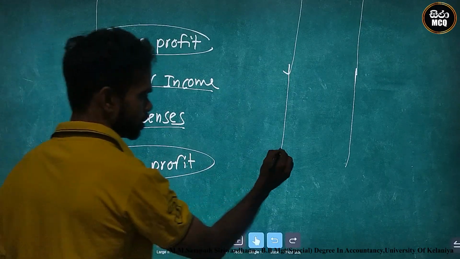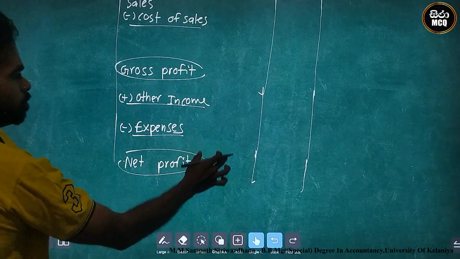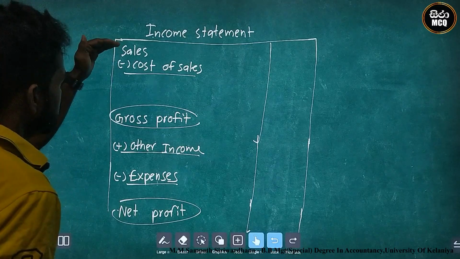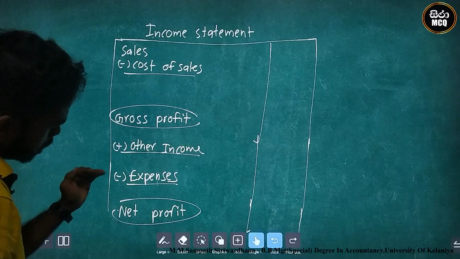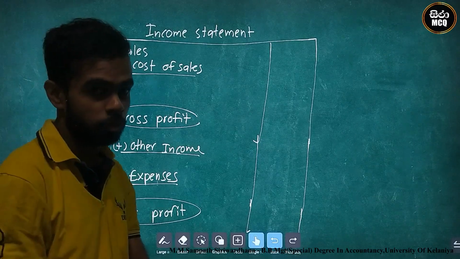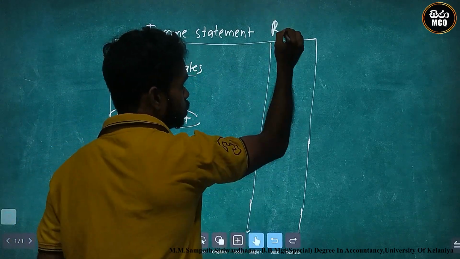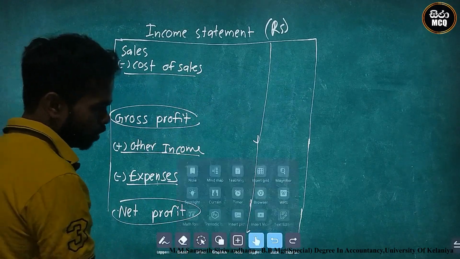This is the requirement. This is the schedule we prepared, the income statement: sales minus cost of sales, gross profit, other income, expenses, and we can calculate net profit. This is the schedule of the income statement, in normal rupees.